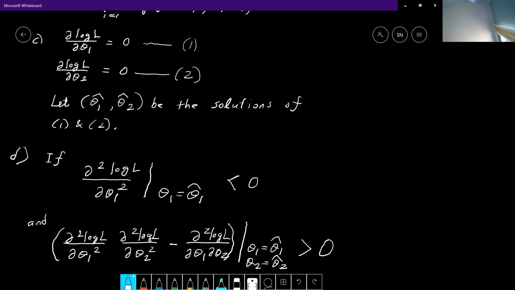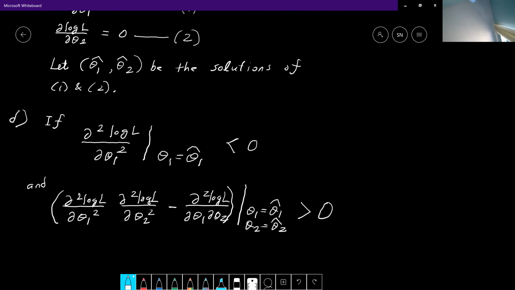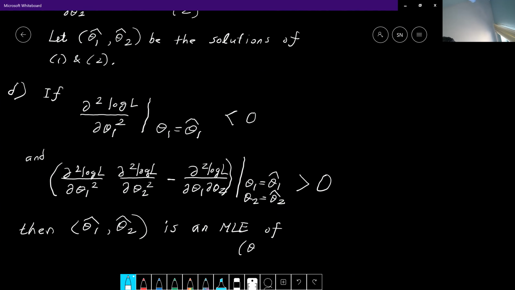If these two conditions are satisfied, that is, the second order partial derivative of the log likelihood with respect to theta 1 is negative, and this term here is positive, then theta 1 hat and theta 2 hat are the MLE of theta 1 and theta 2.